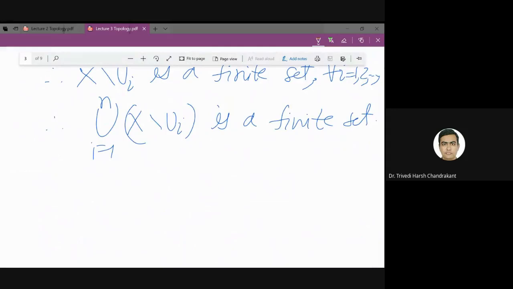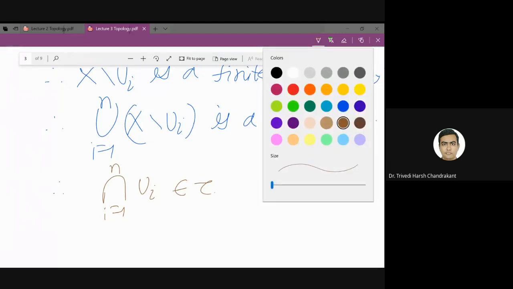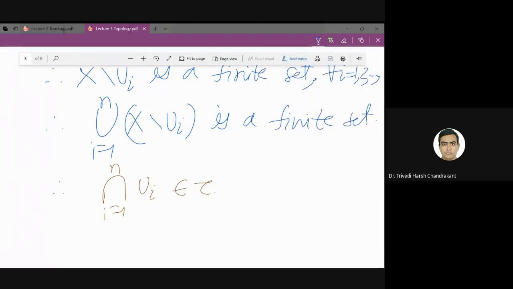So therefore the intersection, i running from 1 to n, of ui belongs to tau. So any doubt in this second property?